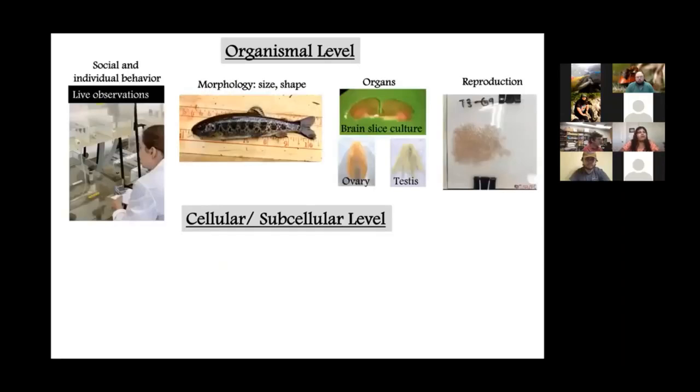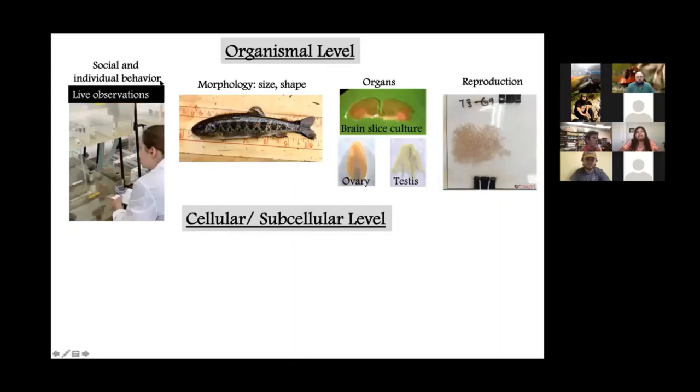So we look at a couple different levels of biological organization. At the organismal level, we could be doing live behavioral observations. These are little social groups of blue-banded gobies that I'll be talking about in a few minutes.